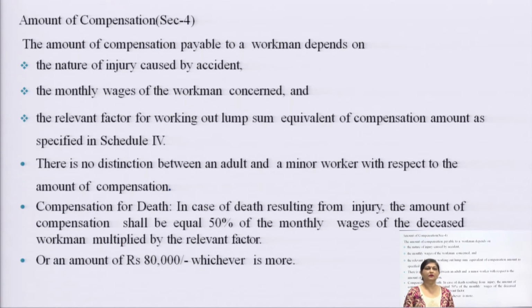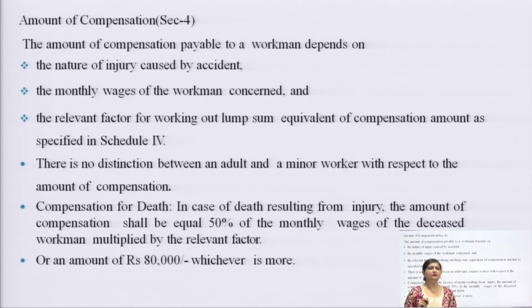Both of them will be paid the same amount of compensation in the case of any accident, right. The basic difference will come when we consider the age of the worker. When we calculate the compensation, age will also play a vital role in computing the compensation amount, right.